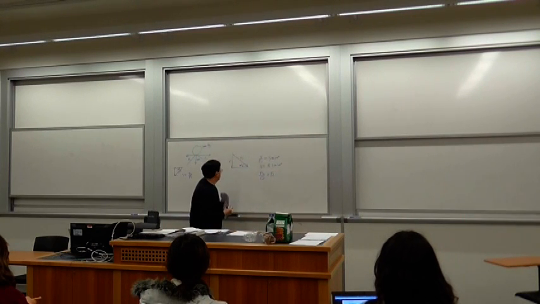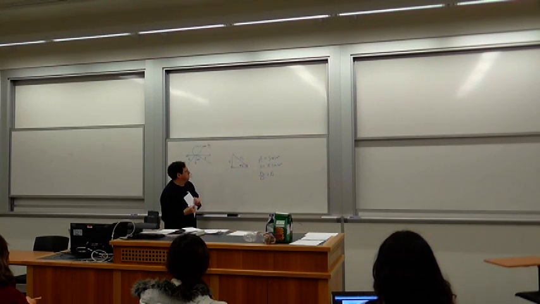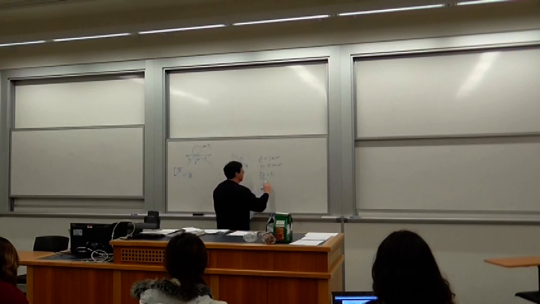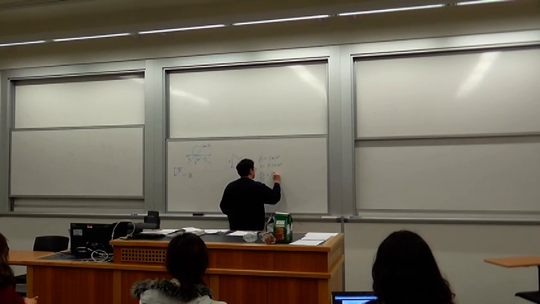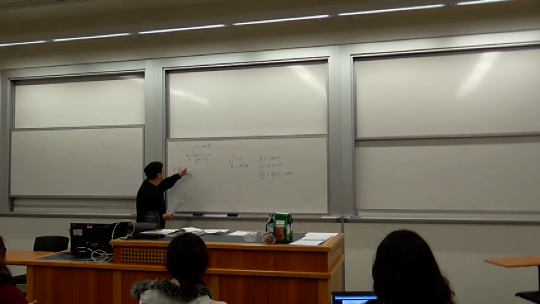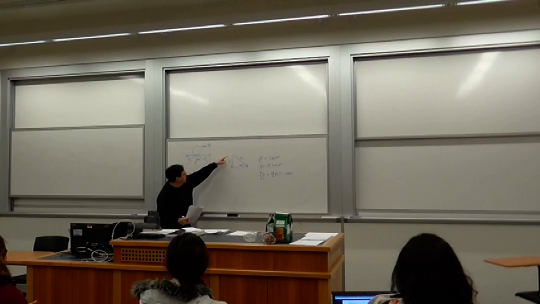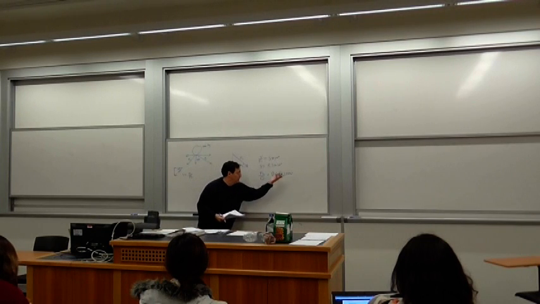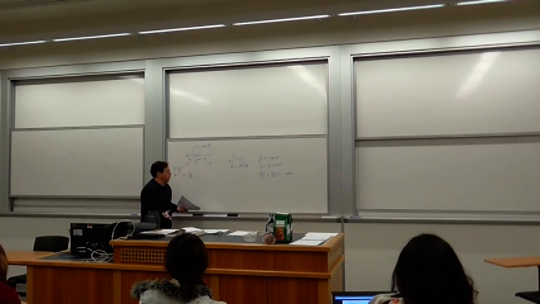What's the sine of 30? 1 over 2. Notice the sum of this pulling down and this pulling down, part coming from each cable, has to be 1,000. So that's one equation in two unknowns.